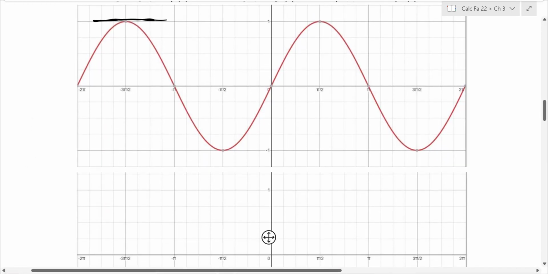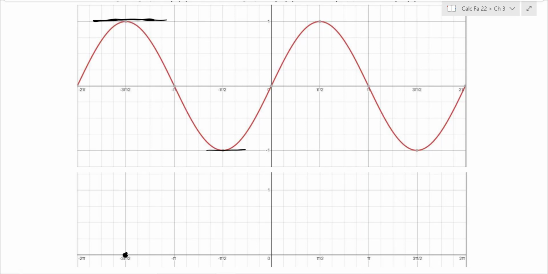So that would correspond to a 0 on our derivative function. So at negative 3 pi over 2, negative pi over 2, pi over 2, and then 3 pi over 2. We've got those horizontal tangents, so the slope is 0, or the value of the derivative is 0.